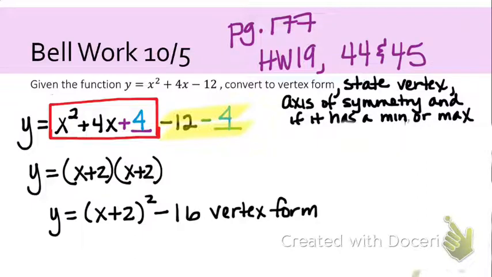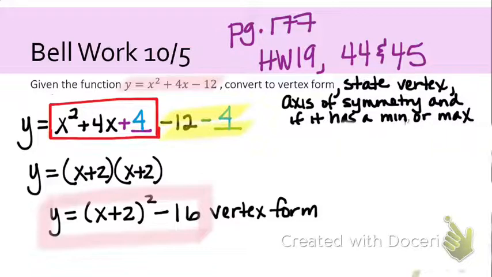This is the exact same graph. If you were to graph this equation that we have right here, and you graph this one, it's the exact same parabola. Every single point is going to match up.